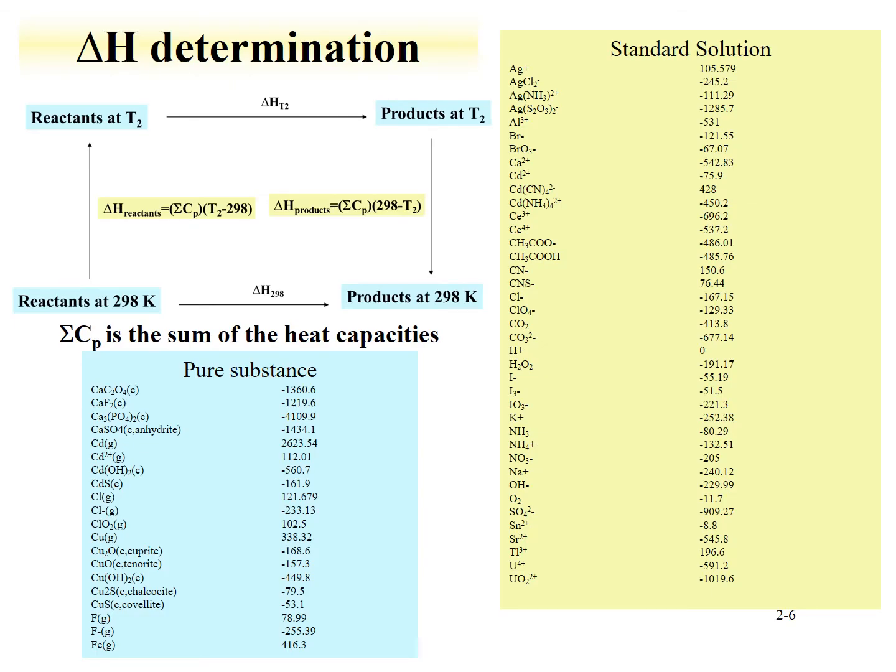Other ways of determining the enthalpy, if you wanted to talk about products from one temperature to another, we could look at products starting at one point as the reactants increase in temperature and then go back down.